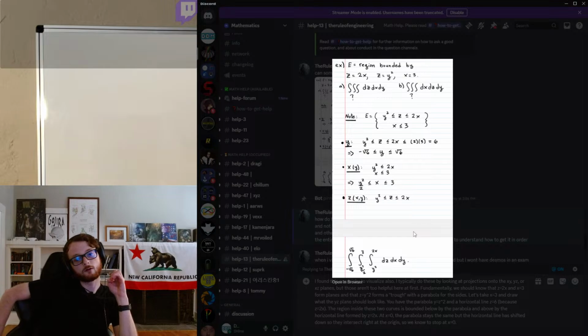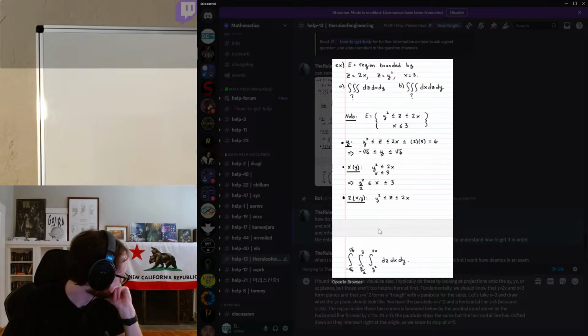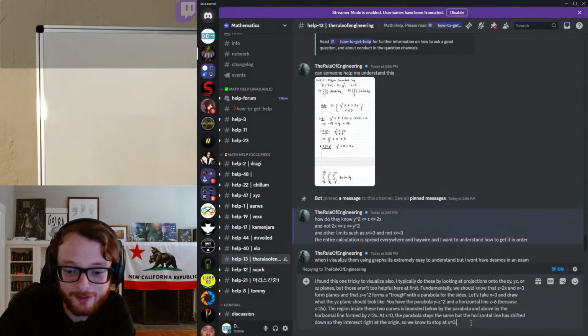Maybe we don't need to go to x equals 0. Where is our x ranging from? Dude, this is so tricky. I might delete this x equals 0 bit here.